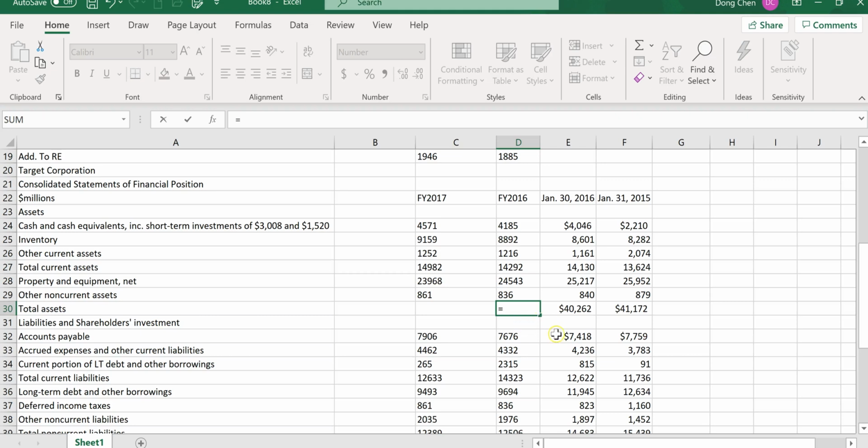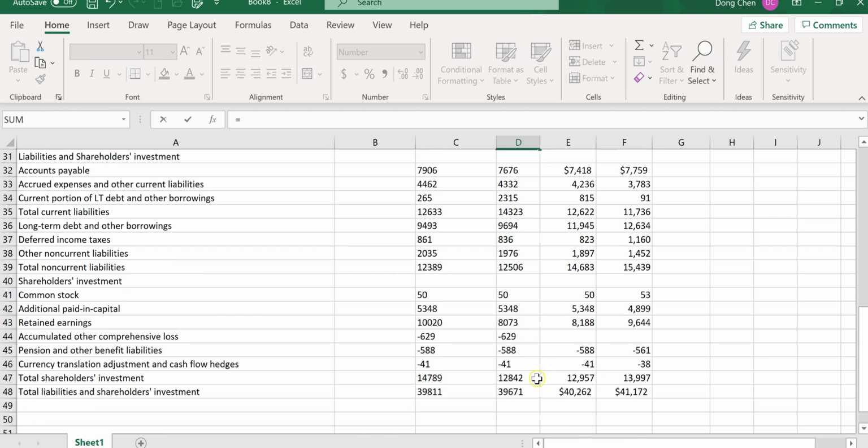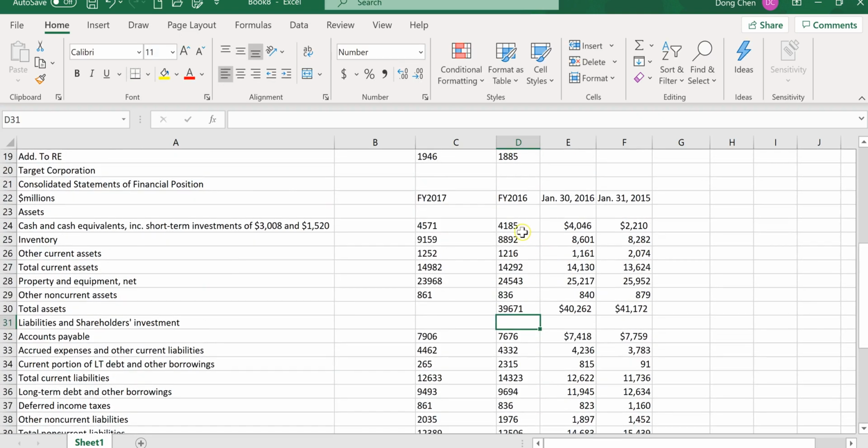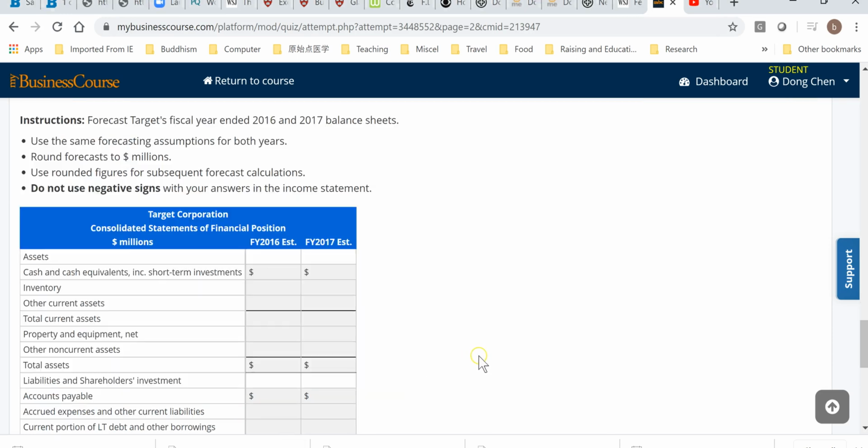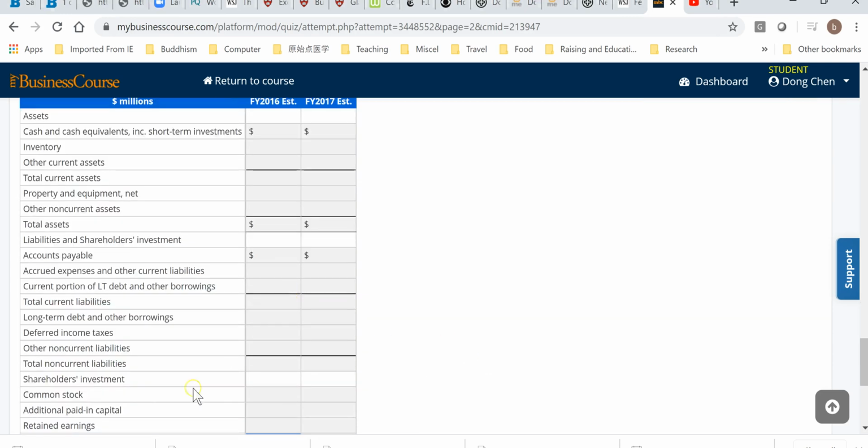The total assets we can just set equal to the total liabilities and equity, or we can sum up these numbers. You will see that these two methods will give us the same number. So now I guess we are done. The rest of the job is simply to copy the numbers to the right place.